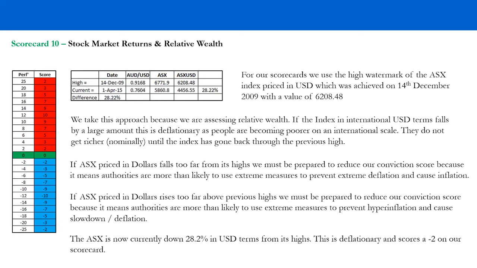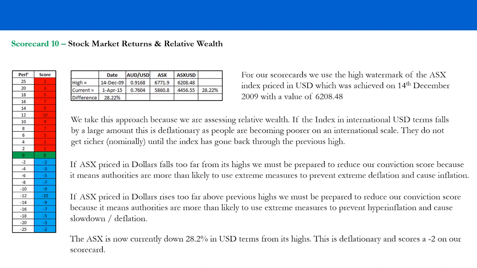And our scorecards basically score on a performance table, and we take the high watermark as the zero bound. And what we're saying is basically as the index falls in percentage terms, we have a deflationary scale, but if it falls too much, our conviction lowers because it means authorities are likely to step in.